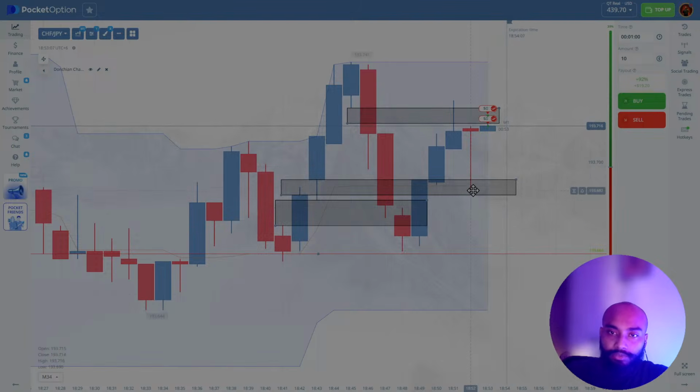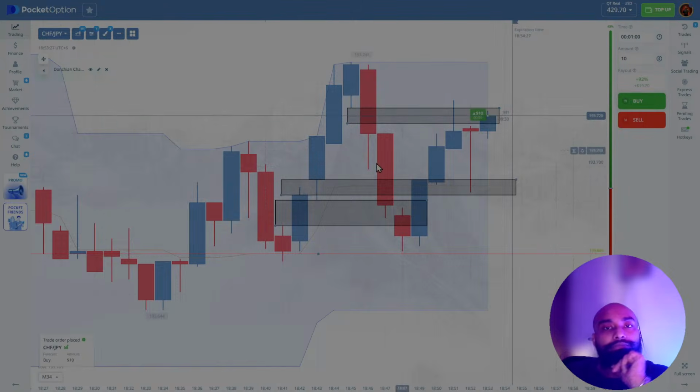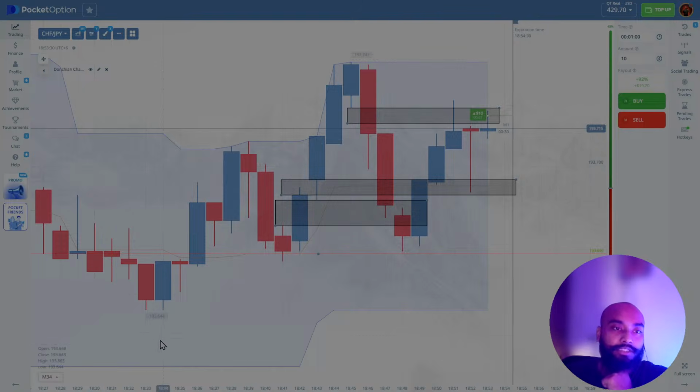Still we have the inefficiency here. So actually buyers are in here, which means it will have seller domination, but the market is trying to make a higher high. If you see the market structure, the market makes a low and then a high, a lower high and then a higher high, and then a lower high. So the market will try to break from here.